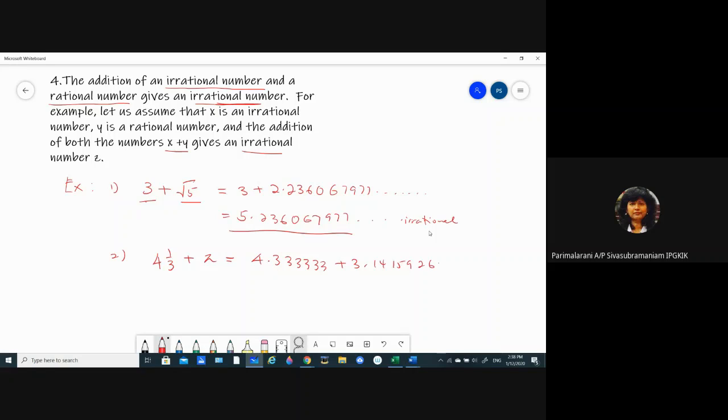This is non-terminating and non-repeating. So we get a number like this, and it goes on forever, non-repeating. Therefore, this is an irrational number. These two examples prove to us that when you add an irrational number with a rational number, you always get an irrational number.